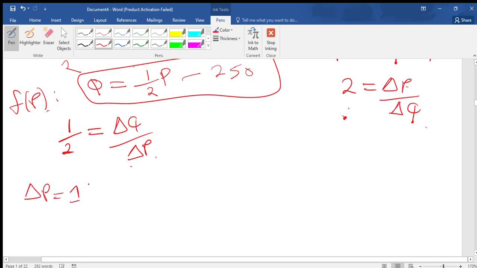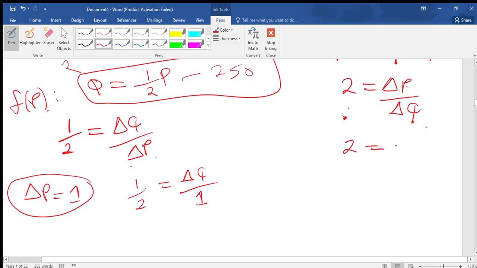What is the change in Q? If you use this one, we have 1 over 2 equals the change in quantity over 1, since the price has increased by 1. If you use the other one, you have 2 equals price increased by 1 over the change in quantity.